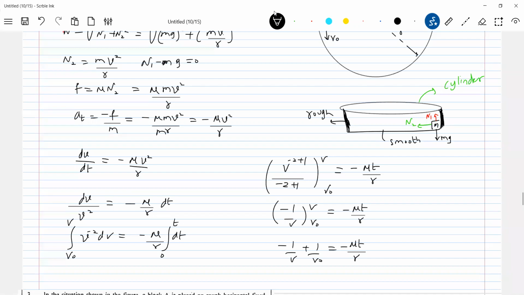Solving this, 1 by v naught plus μt by r equals 1 by v. So v equals v naught r over something. Look at this, this is the expression for speed.